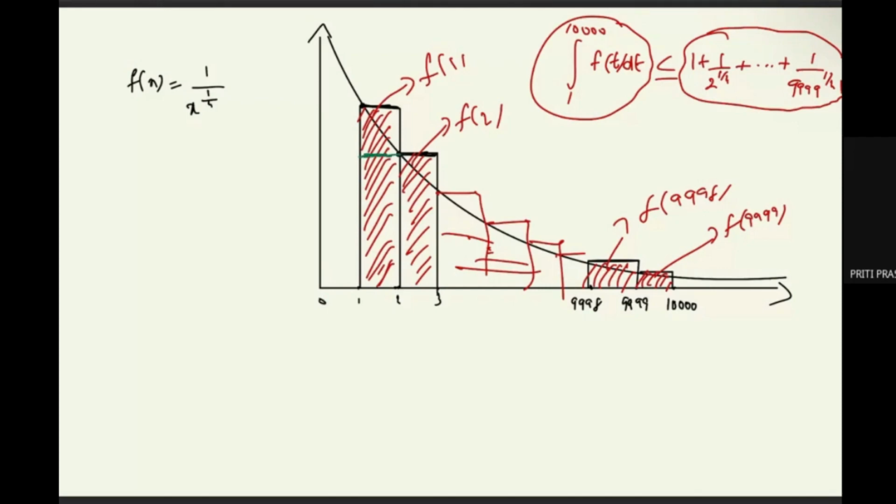Similarly, you can consider the lower sum also. This is the lower sum, the smaller rectangles below the curve. I may not be drawing it the right way. What will be the lower sum? It will start from f of 2. You can work it out; I am just writing it.